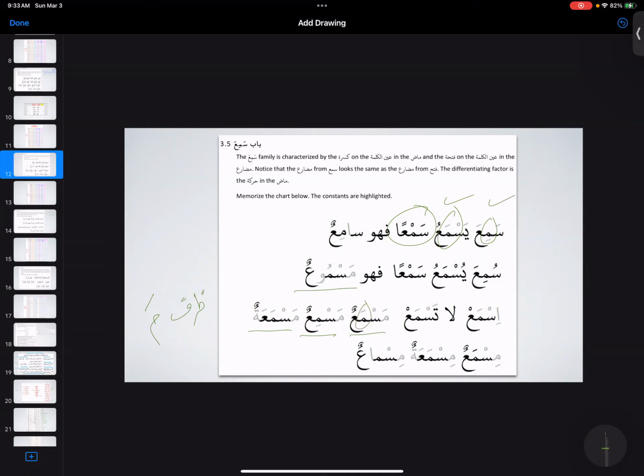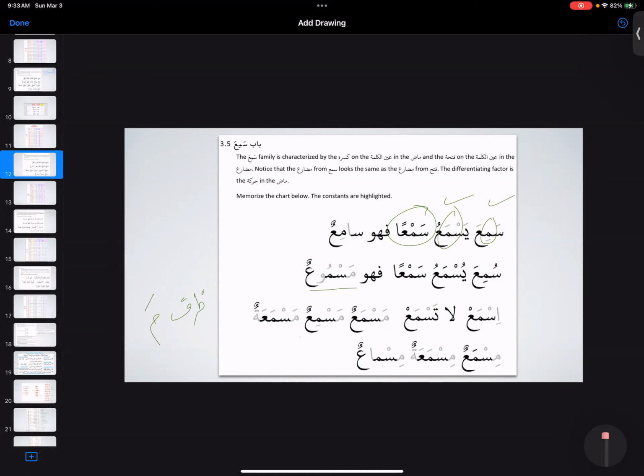So masma'un and masma'atun, I keep these two together, just adding ta marbuta. Then I can have masmi'un. Whatever way makes you remember, we need to put some effort in and memorize these three variations.